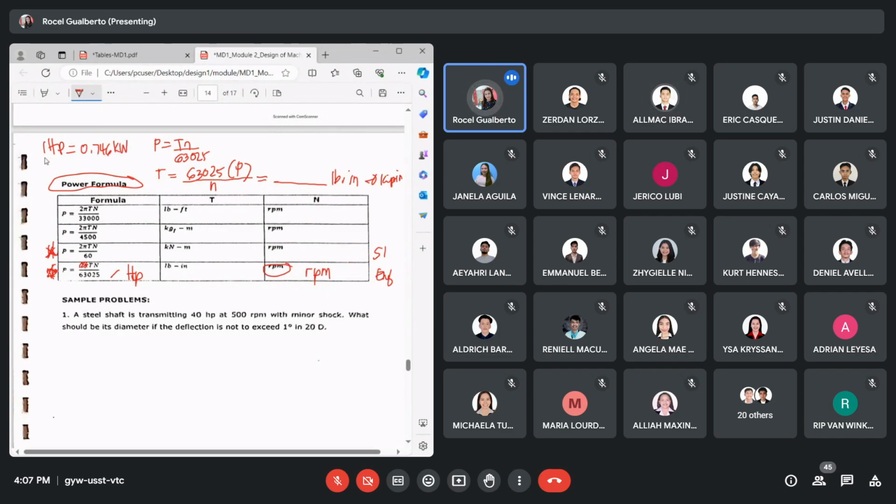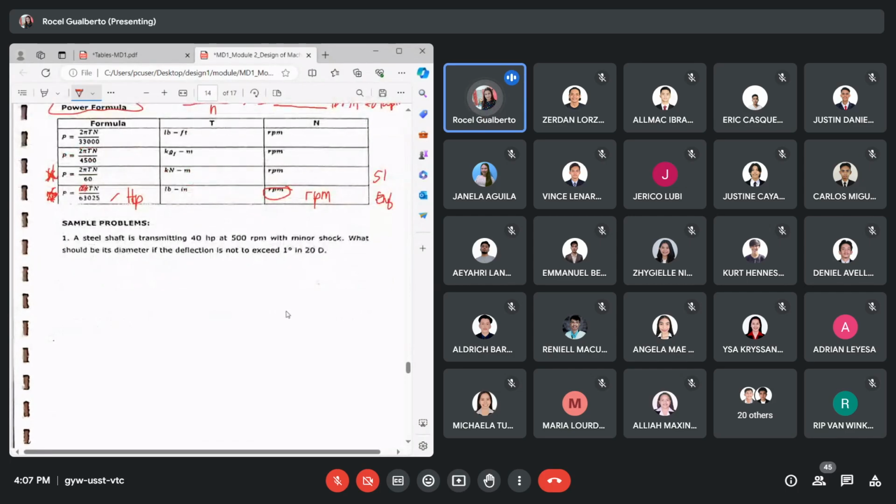Yan po yung conversion natin. So kailangan po, pag ito po yung ginamit natin, power is in HP and N in RPM, and your answer is in pound inch. Mag-focus na lang po tayo sa dalawang ito kasi yan po yung pinakamadalas natin gamitin.